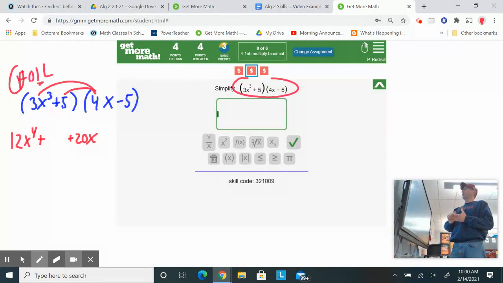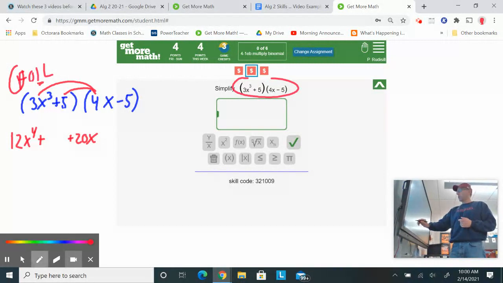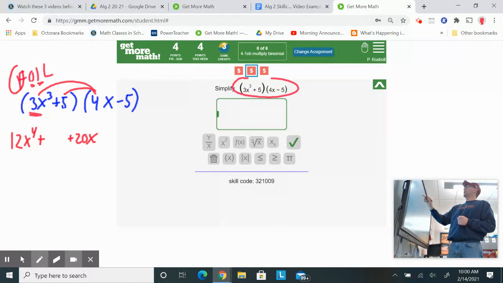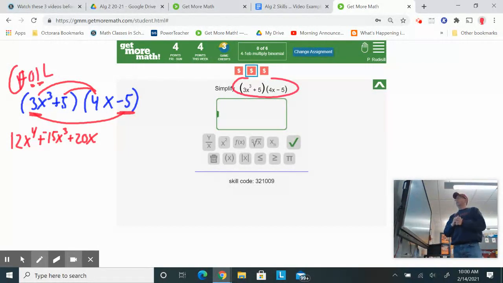So the first I did right, it was 3x cubed times 4. The outers, which is the outside one here and the outside one here, you would get negative 15x to the third. It's not a huge mistake since I have all addition. I just move around anyways.